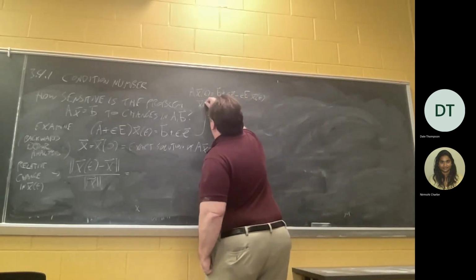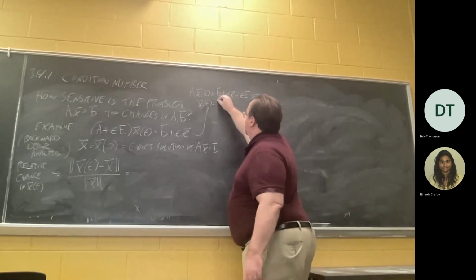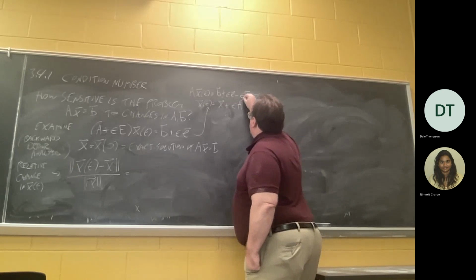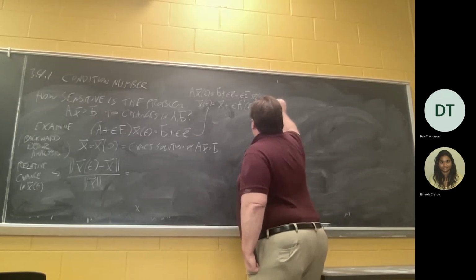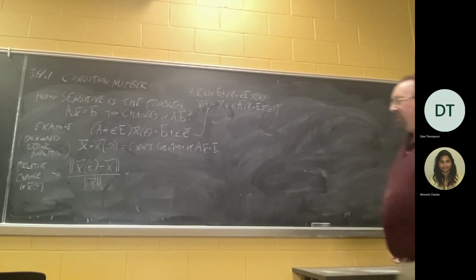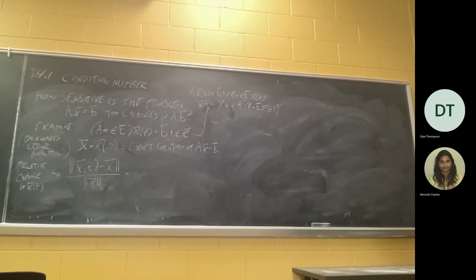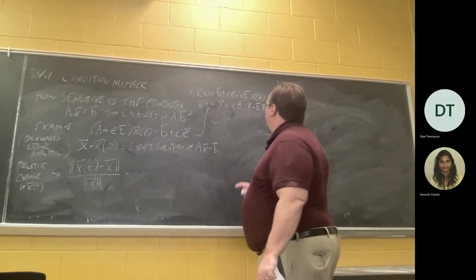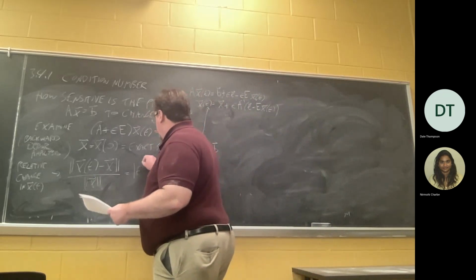So X of epsilon is equal to A inverse B, but that's X. So the exact solution plus epsilon A inverse little e minus capital E X of epsilon. Now, it's not an explicit formula for X of epsilon, but it gives me an expression for X of epsilon minus X. That's what I need. So if I subtract X from both sides, I can use what's left in here.